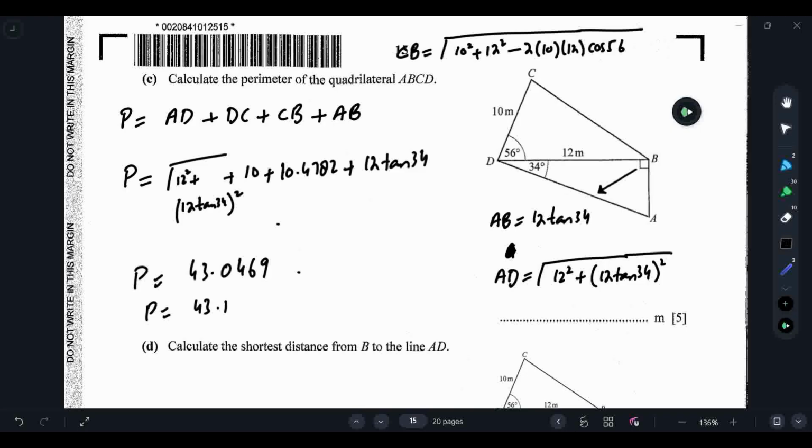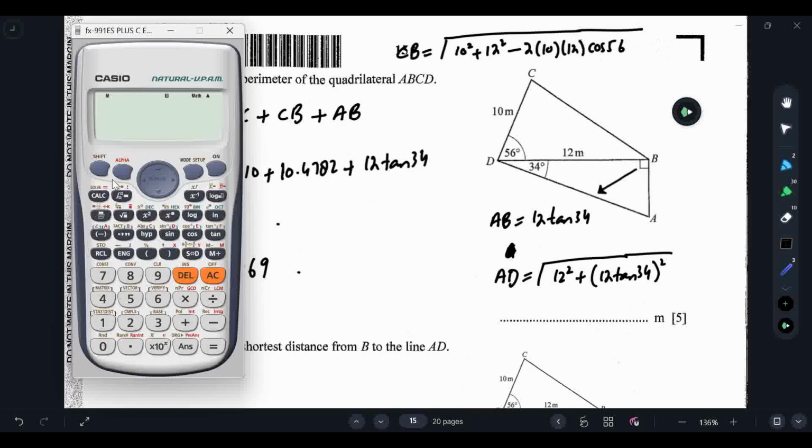Let me cross check this one again. We will start from over there: this will be 10 squared plus 12 squared minus 2 into 10 into 12 cos of 56.